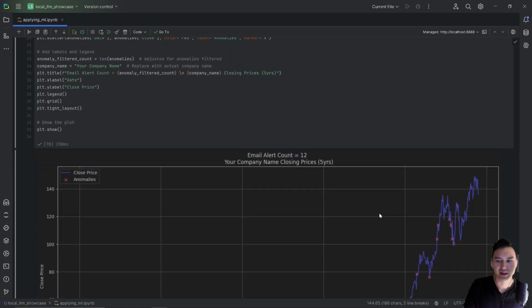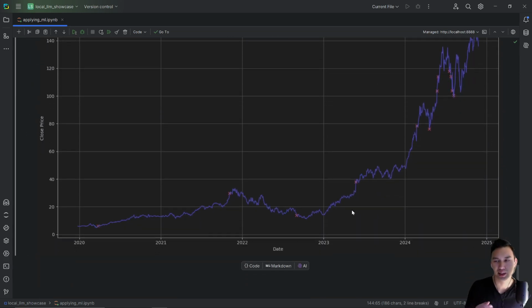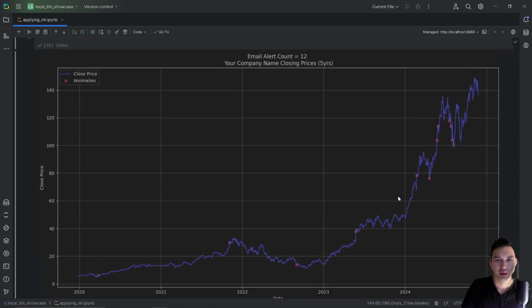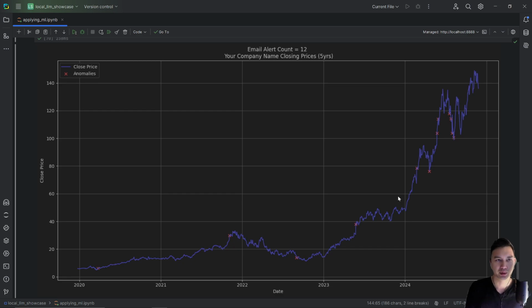But yeah, based on those anomalies, if there was an anomaly, I would want my AI equity research script to run to give me an equity research report to decide whether or not I want to buy something, right?